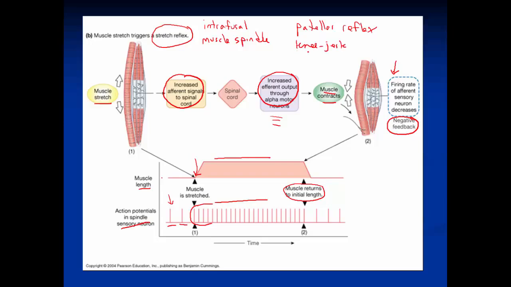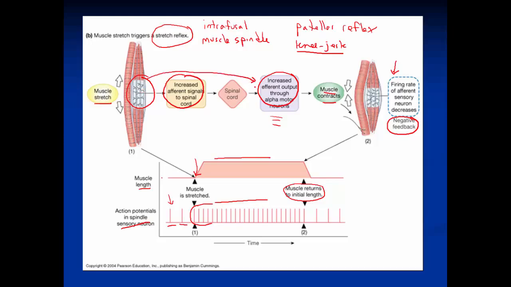In the knee-jerk reflex, the doctor hits your patellar tendon. Okay, now you're likely to think about Golgi tendon organs. Don't do that. That's not what it's doing right now. When you hit that patellar tendon, it actually stretches these fibers. So when those fibers stretch, what happens?